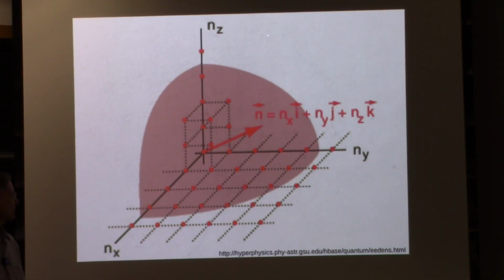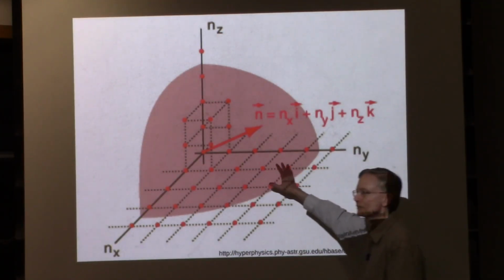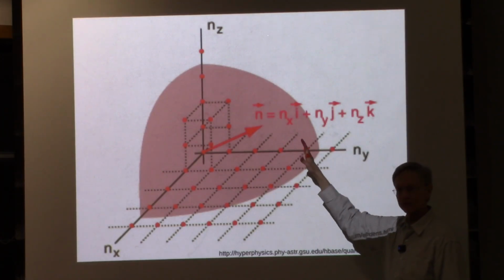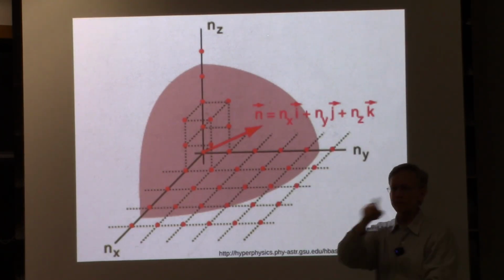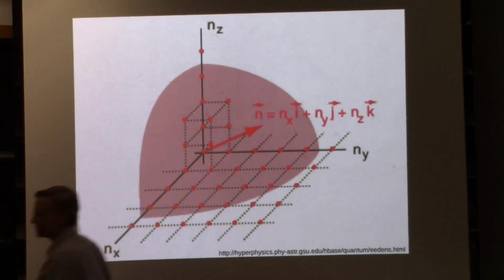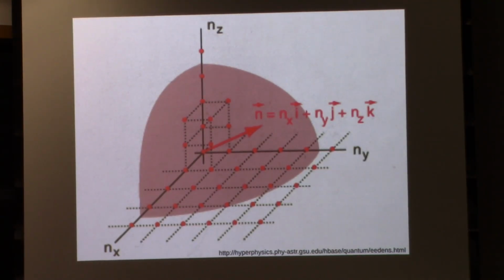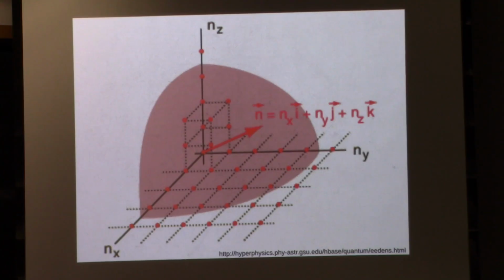So n sub x, n sub y, and n sub z have to live in the positive octant of three-dimensional n space. In 2 dimensions, we talk about the 4 quadrants: x, y, quadrant 1, quadrant 2, quadrant 3, quadrant 4. What quadrant am I in?